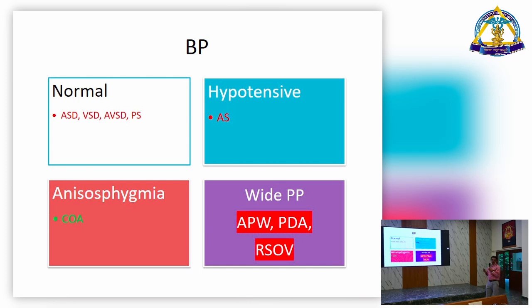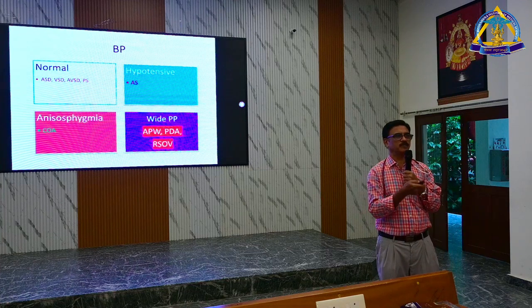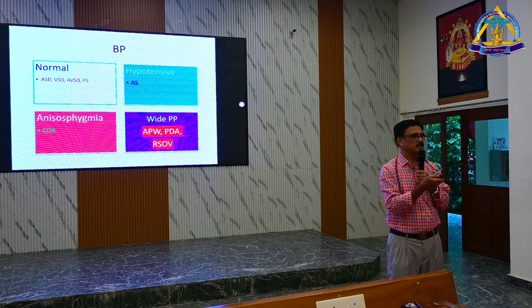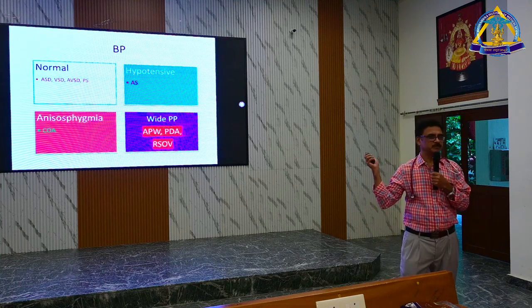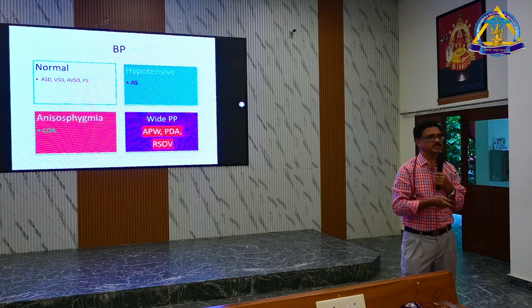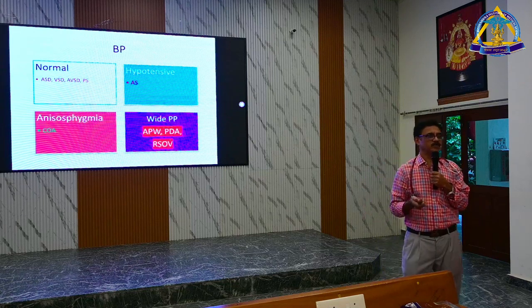So that is how BP helps you identify the heart disease: hypotension in aortic stenosis, and wide pulse pressure in AP window and PDA. A difference in upper limb and lower limb pulsation is coarctation. What is the term we are using for a difference in the pulse? Anisosphygmia. Sphygmomanometer is blood pressure; sphygmia is the pulse difference.